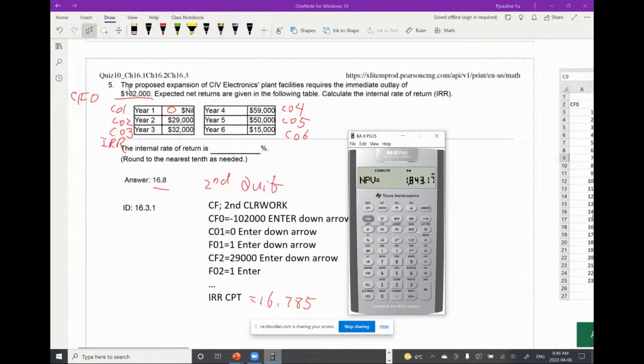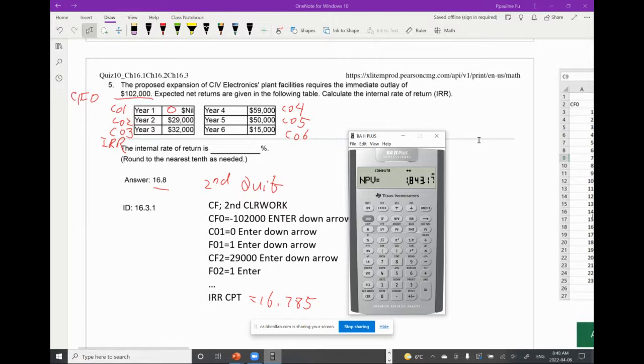So we know this is CF0, the immediate outlay. Expected net returns are given in this table. Those are the net returns. The question asks you to calculate the rate of return.